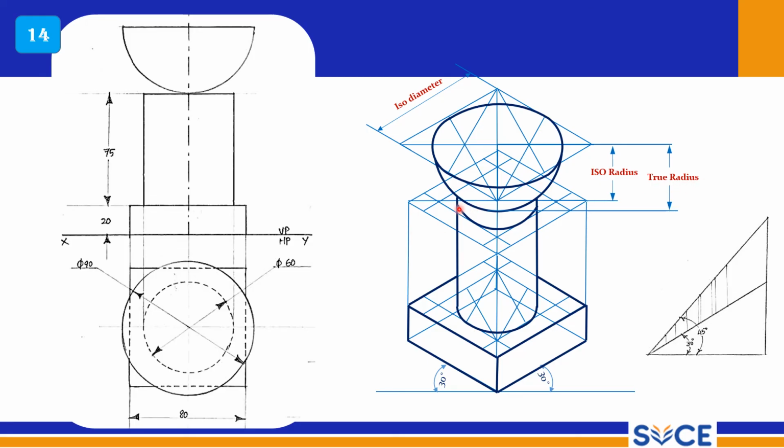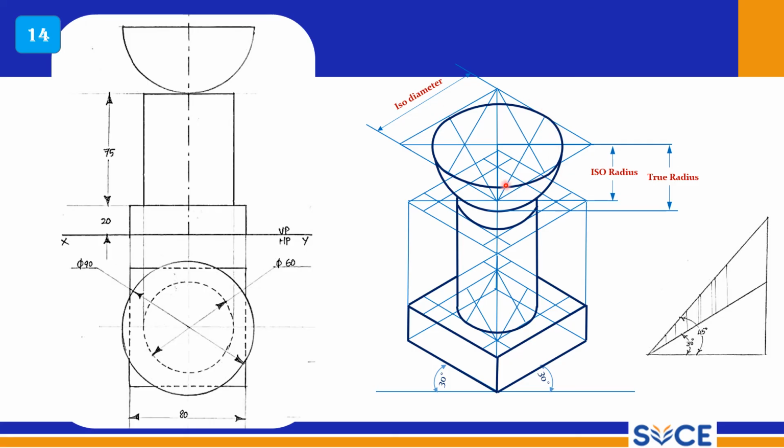With iso, that is the four center method, you draw this circle and on this you are placing this hemispherical vessel. So now this is your cylinder and this is your prism. This is how you should proceed. First from this center you measure iso radius. Using this iso radius, with iso diameter, you complete this circle.